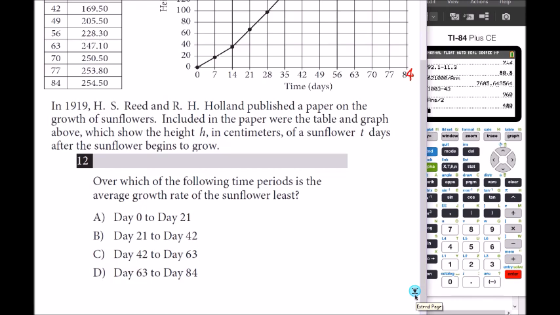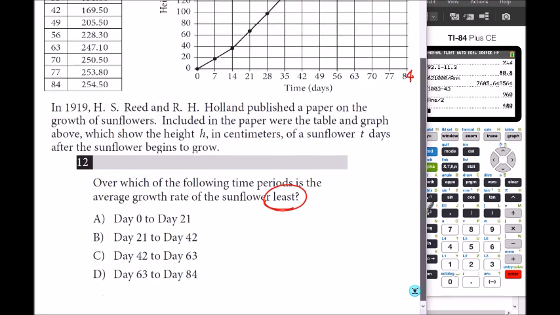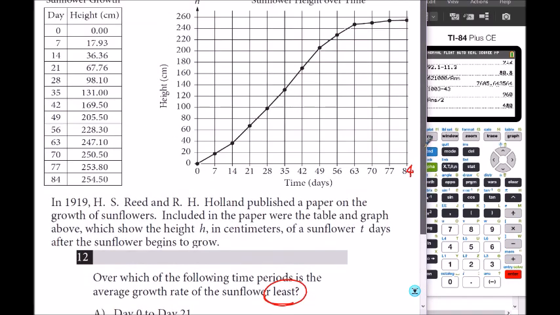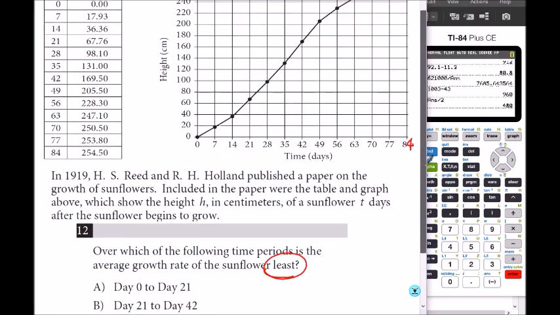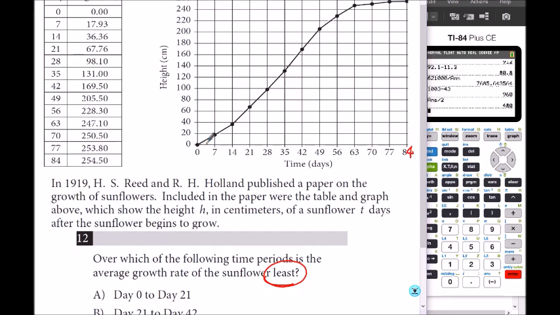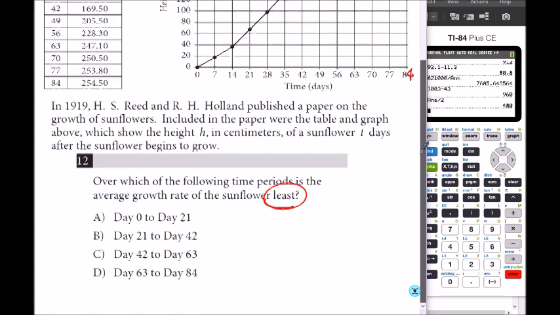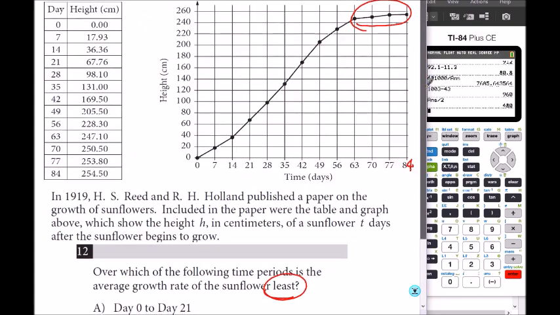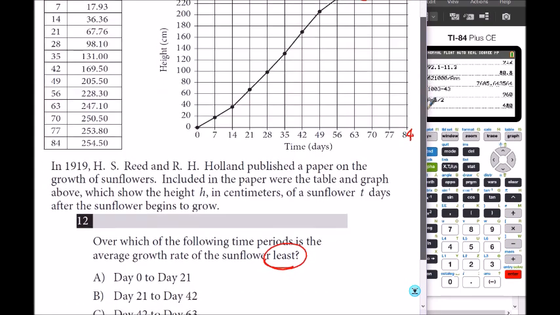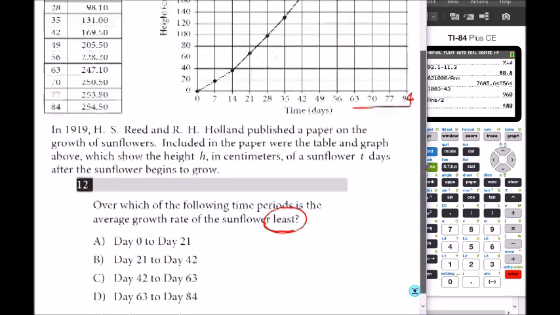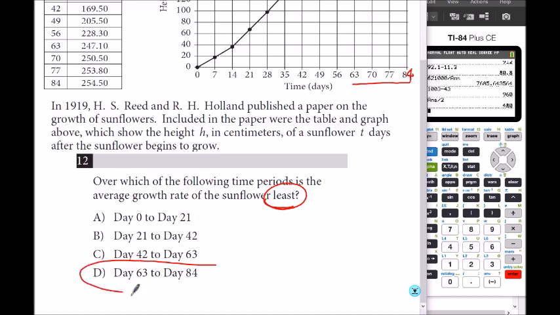Over which of the following time periods is the average growth rate of the sunflower least? Average growth, so mostly less steep, close to 0. So you can see here you have the least steep slope. So 63 to 84. 63 to 84, yes. D. Good.